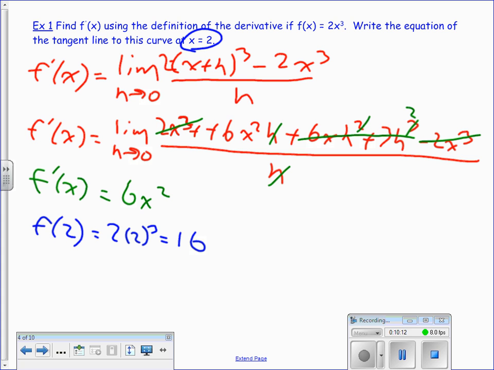So if I want to find the slope, my slope is f prime of 2. Because remember, how did we find the slope? We used the definition of the derivative to find the slope earlier, right? This is a general equation for the slope rather than a specific point. So I do f prime of 2, which is 6 times 2 squared, which is 24.